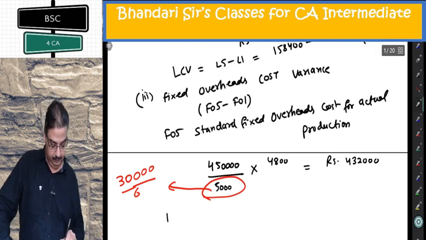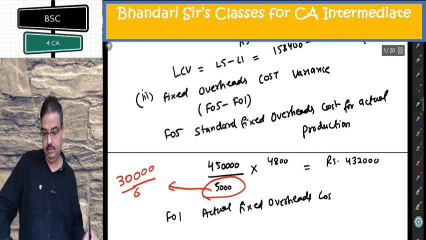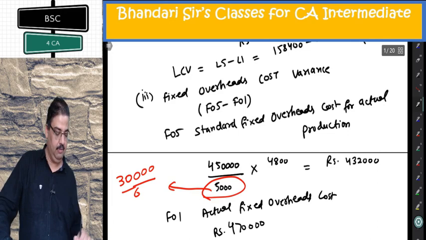FO1, actual fixed overheads cost. 4,70,000 rupees given.